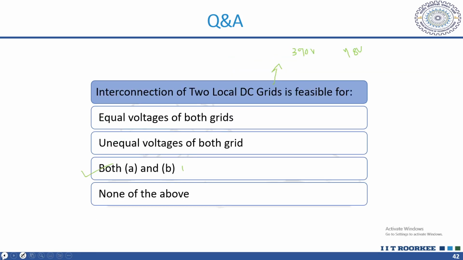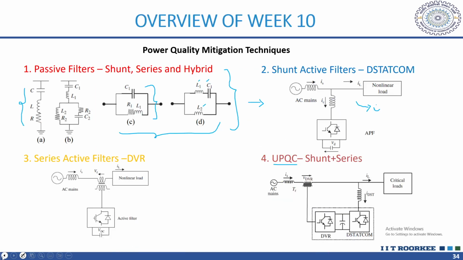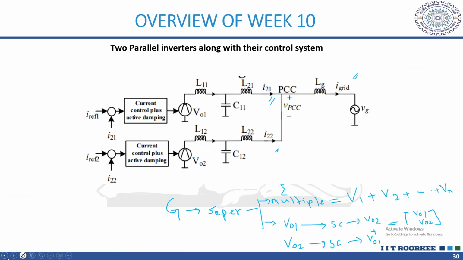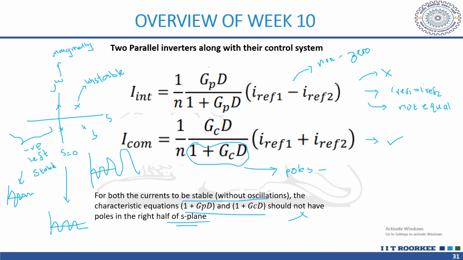So if you go back to this derivation, so here basically this GP and GC, so grid side means this LG, right?